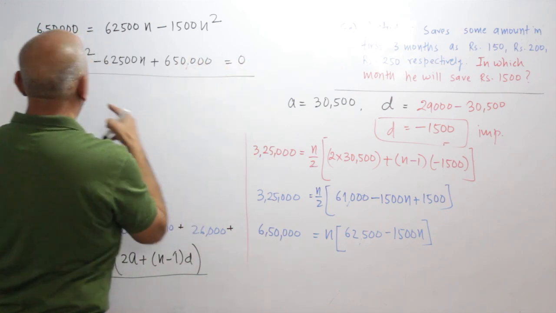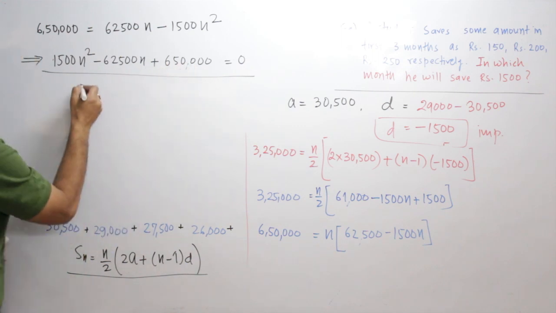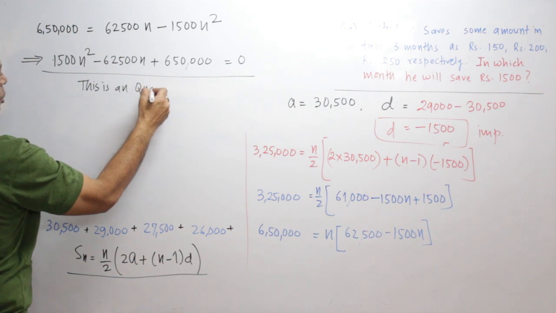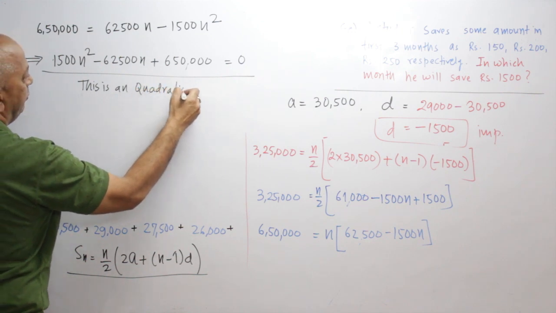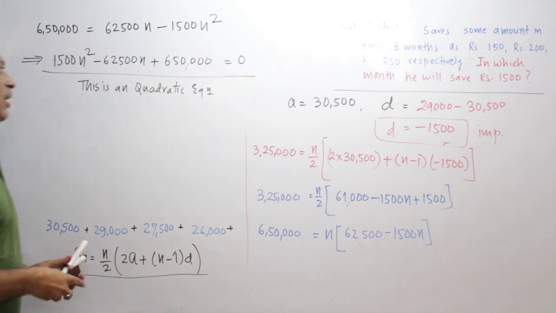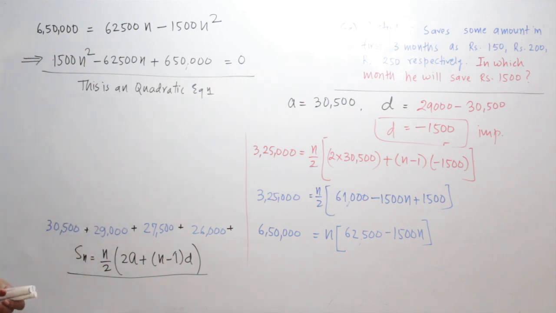So this is now n square, and this is a quadratic equation. You have learned how to solve the quadratic equation, so you can get the answer of n. So let's do it.